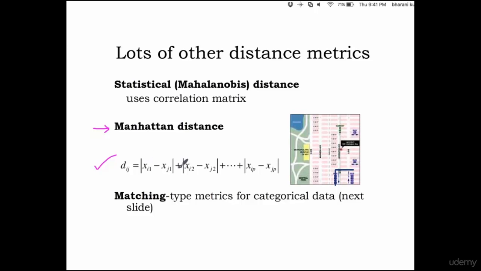In Euclidean, you square the distance so as to not get a negative value and take a square root because you're squaring. Here you take a modulus of the value. All right, this is all for your numerical data. What if you have non-numerical data, which is categorical data? How do you deal with that?